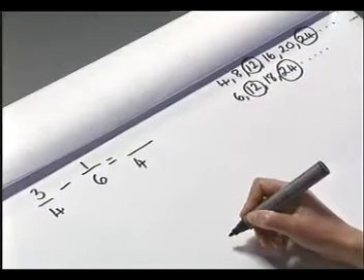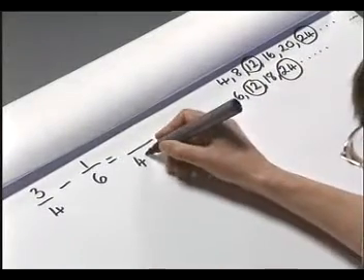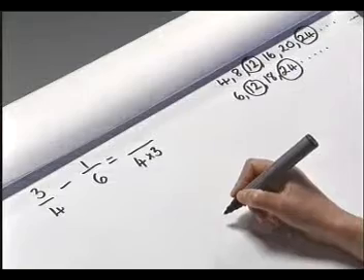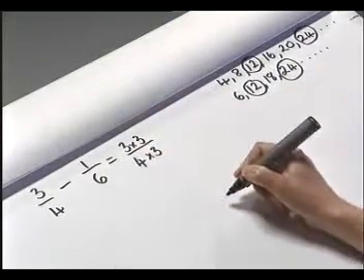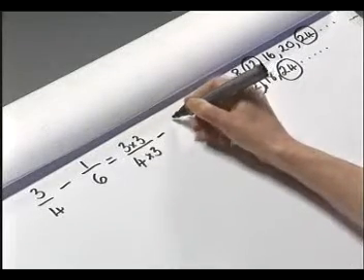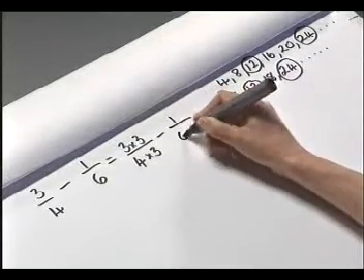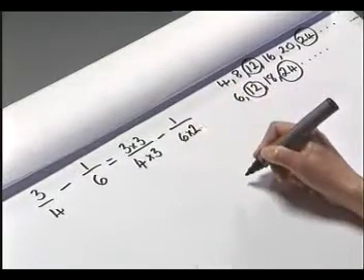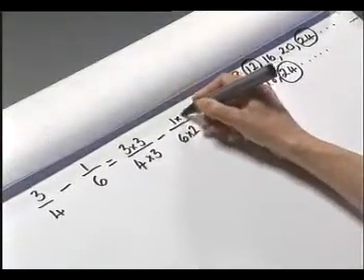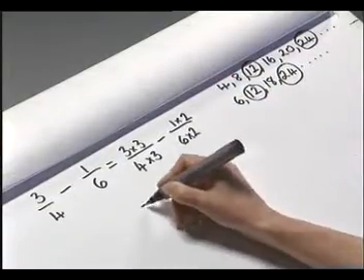Well, what have we done to 4 to make it 12? We've multiplied by 3. So we must multiply the numerator by 3. What have we done to our 6 to make it 12? We've multiplied by 2. So we must multiply our numerator by 2.